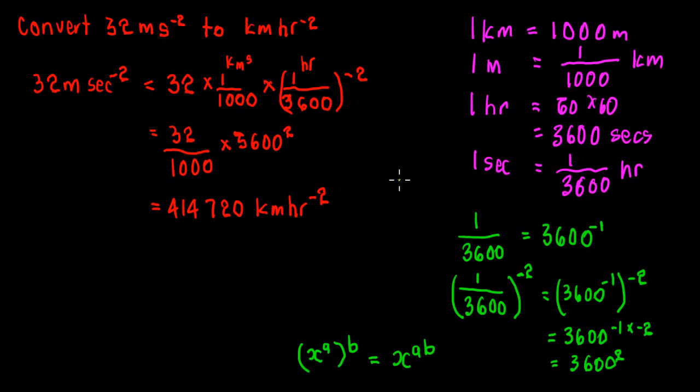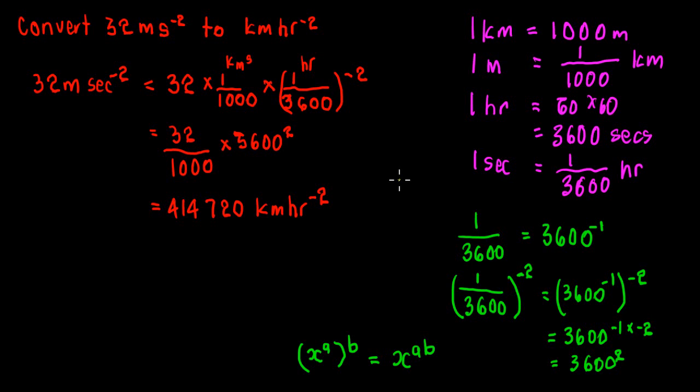Negative times a negative is a positive. 3,600 to the power of 2. For the algebra people there, and all you people that thought you'd never ever use algebra again in your life, here it is. x to the power of a, all to the power of b, is equal to x to the power of ab. So you just multiply.